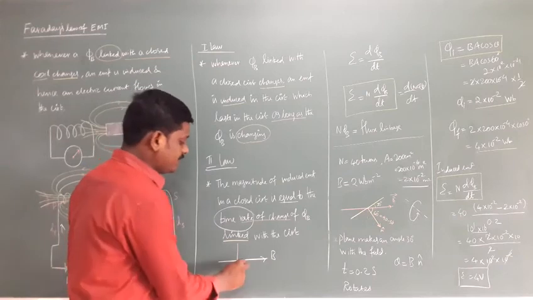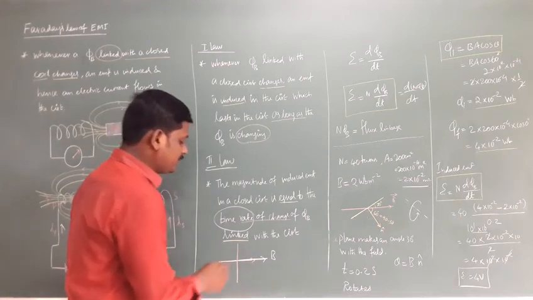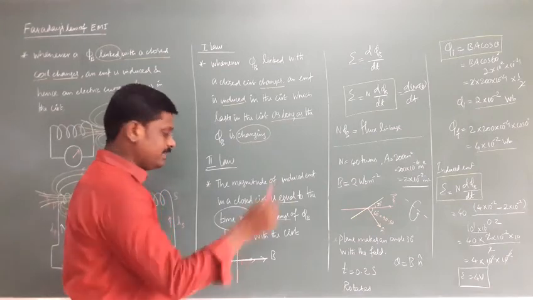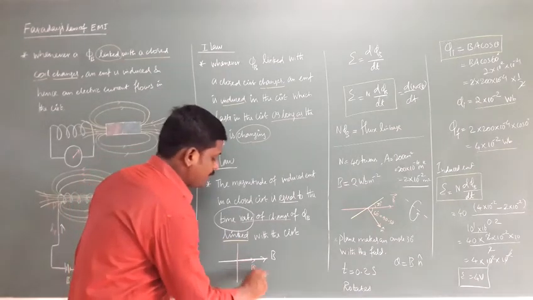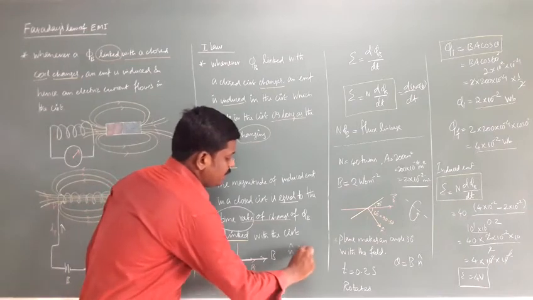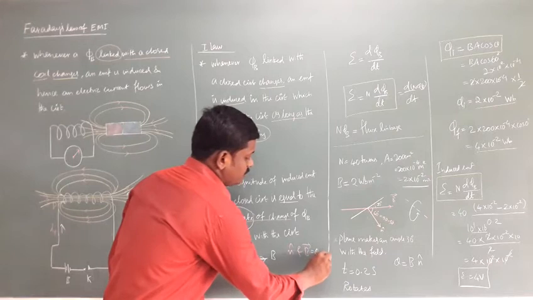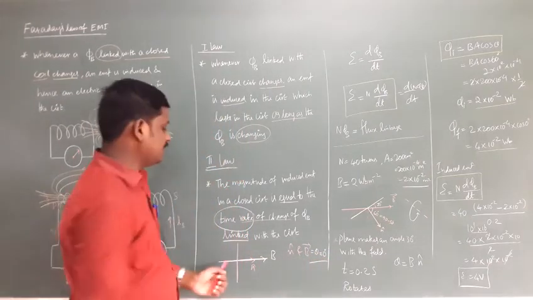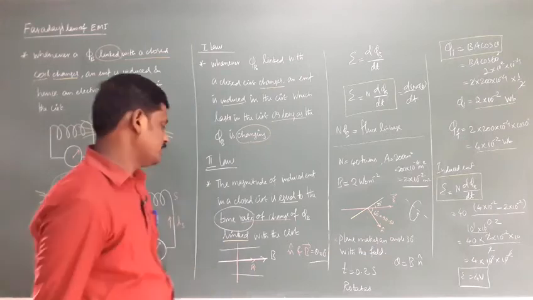So what is the direction of n cap? It is the same direction, so the plane is perpendicular to the magnetic field. The n cap and B are parallel, so theta equals 0 degree. The maximum number of magnetic field lines cross the plane.